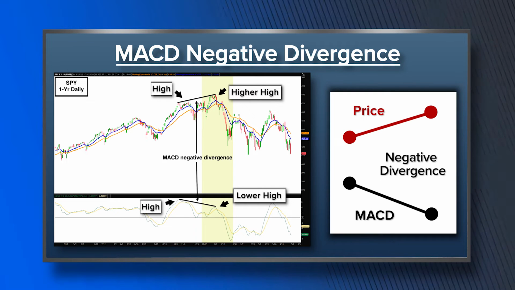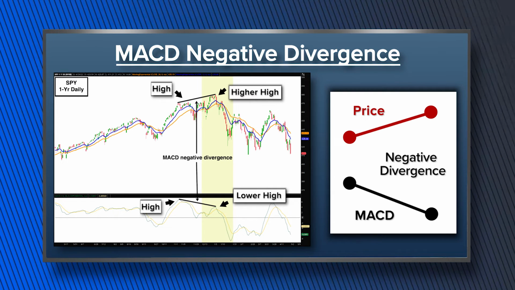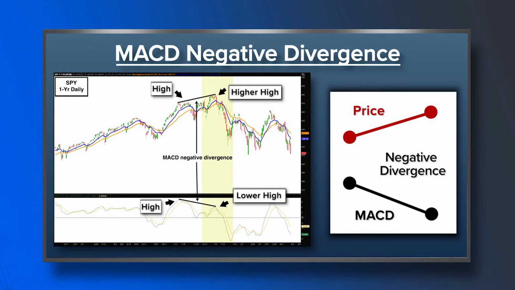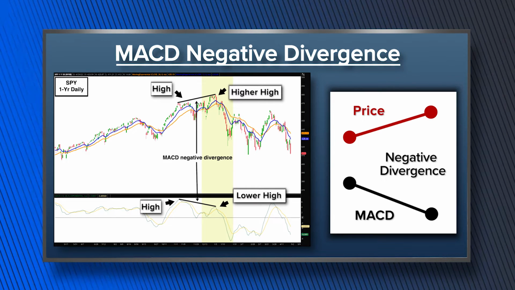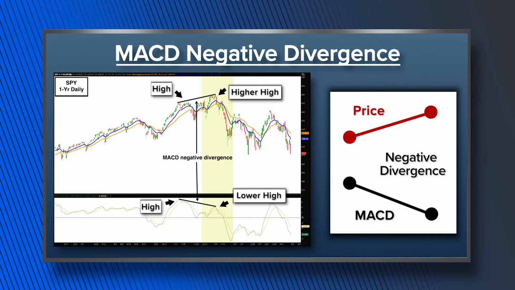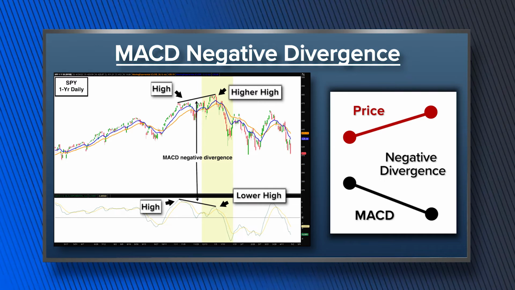The MACD is going to go higher and reverse down too. However, that second high in the MACD is going to be a lower high, even though the stock made a higher high. So when that MACD makes a lower high, not confirming the stock's higher high, that is called a negative divergence. And it's very important to know that because a negative divergence is usually a precursor to a price decline. And it works in the opposite direction too.